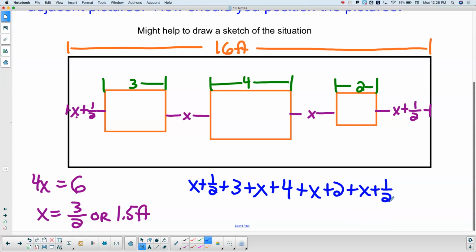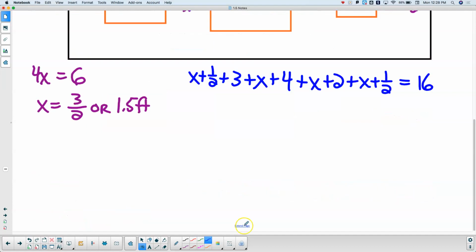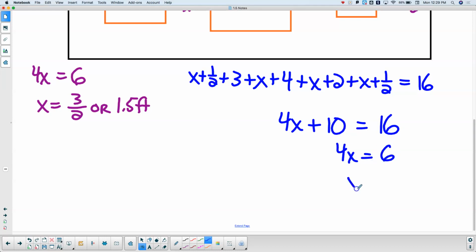Where did I come up with all of those? I went left to right from one side of the wall to the other. And how much has that got to be? 16. And then if I combine my like terms, I get 4x plus 10 equals 16. And we get the exact same spot.